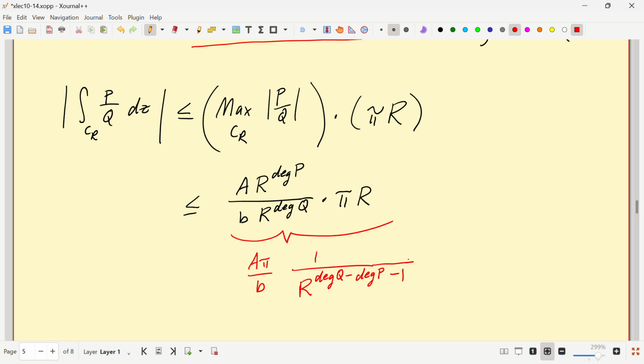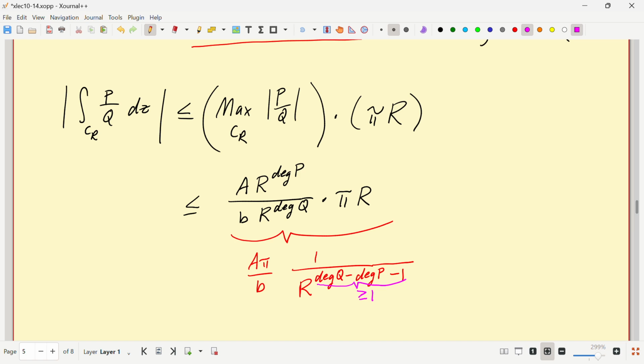And that number in the exponent there is greater than or equal to 1. It could be equal to 1, because remember, the degree of Q is at least 2 bigger than the degree of P. So that first part's at least 2, and I subtract 1, so that's bigger than or equal to 1.